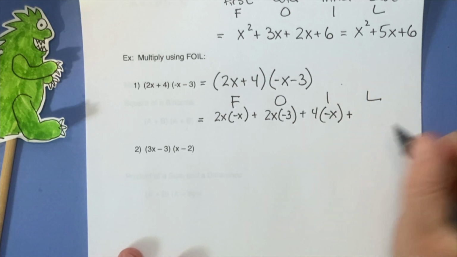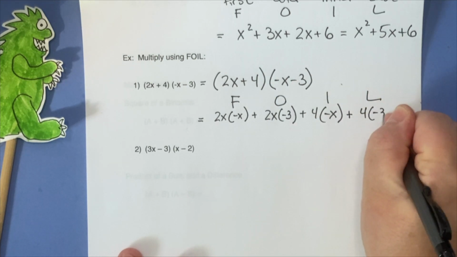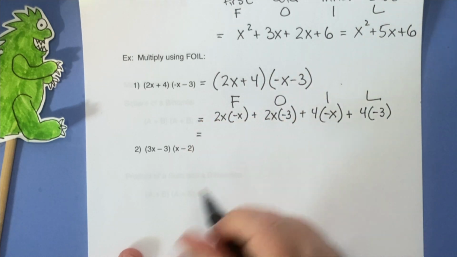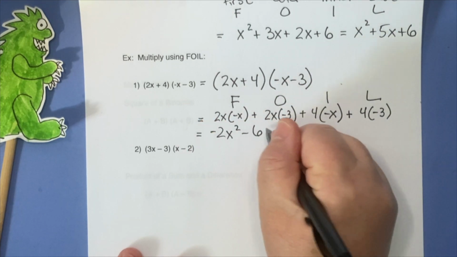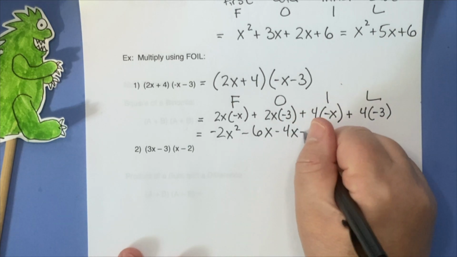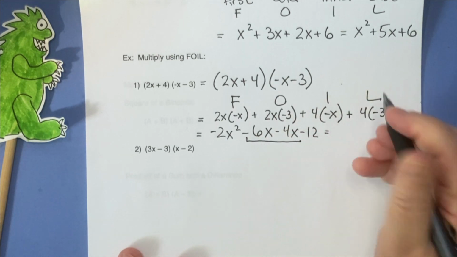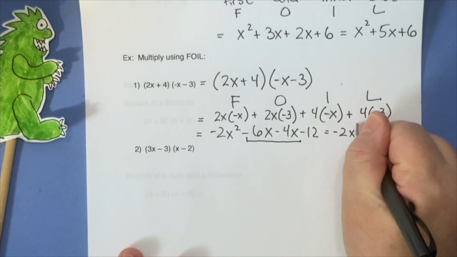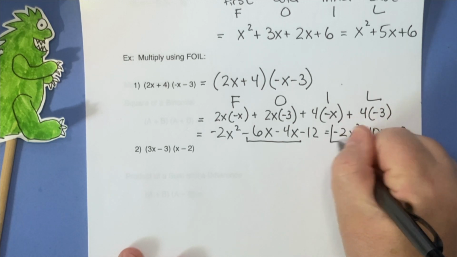And then for last, the 4 and the negative 3. And then I get negative 2x squared minus 6x minus 4x minus 12. And then I can combine these two. And I get the opposite of 2x squared minus 10x minus 12.